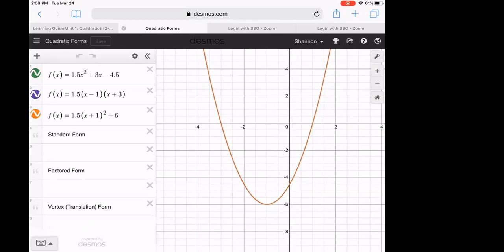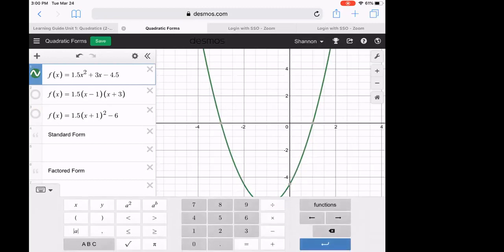So what I have is I've already pulled up all three functions here on my Desmos. And what you should have seen, giant surprise, is that all three graphs actually were the same. They were the exact same parabola. The very first one, let me turn off my other colors here. So check it out. See that green one? That's this top formula right there.